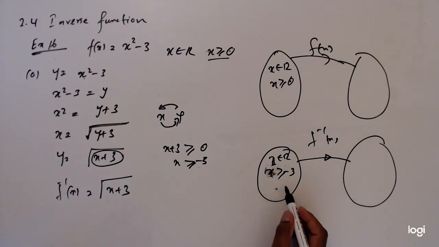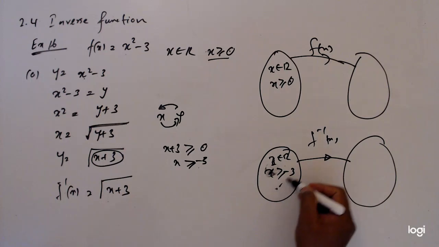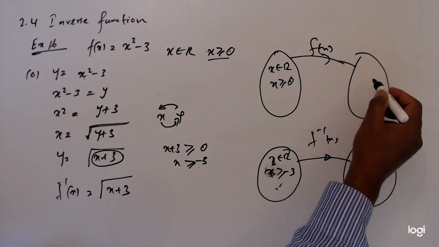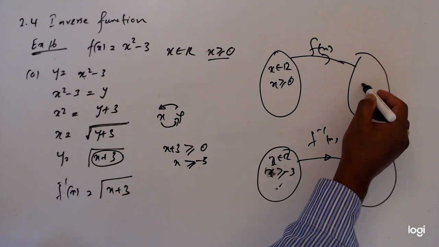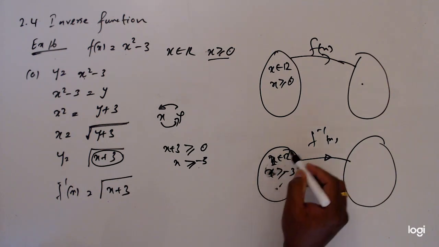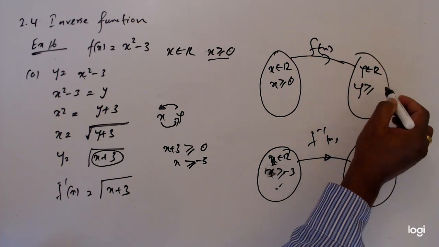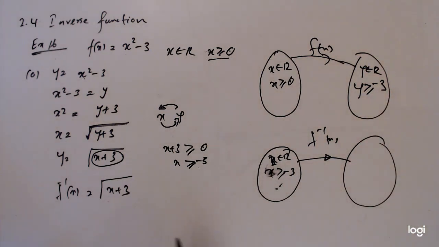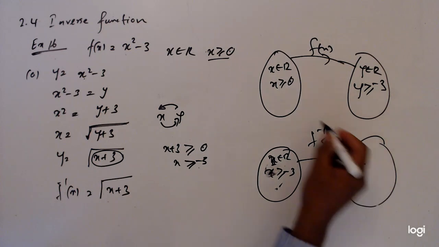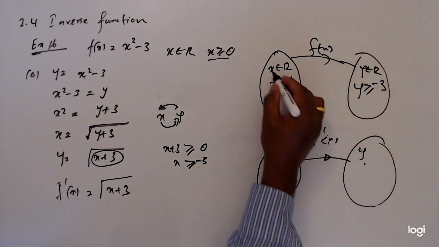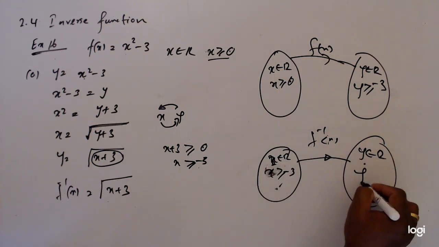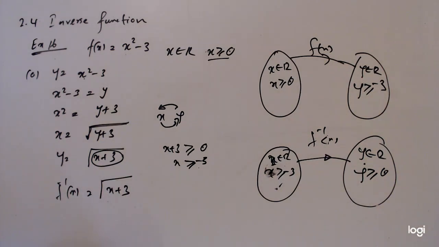Now I know the domain of f inverse x, so this should be the range of f(x). So instead of x I write y real numbers, y greater than or equal to -3. The range of f inverse x is this one, so instead of x, y greater than or equal to 0.